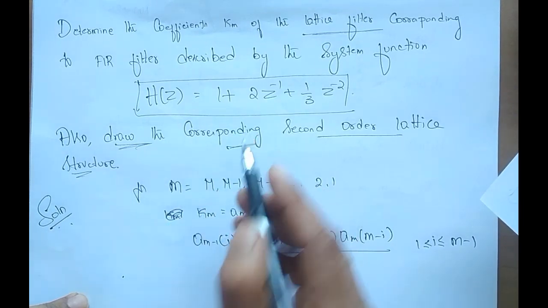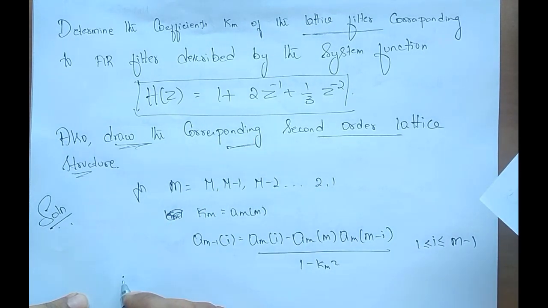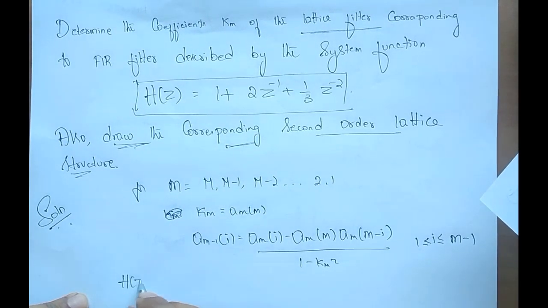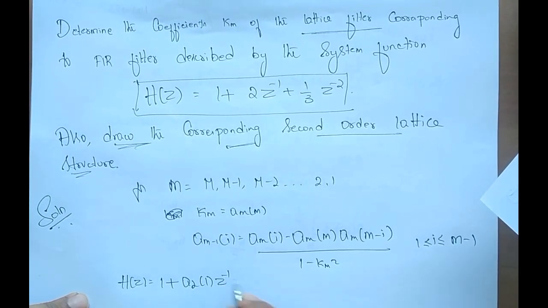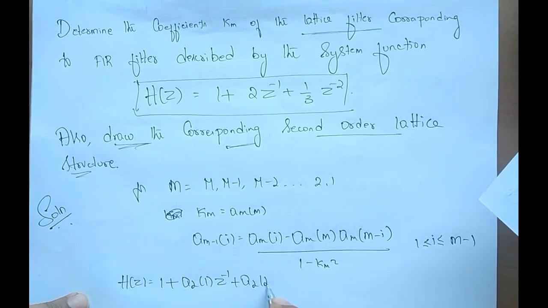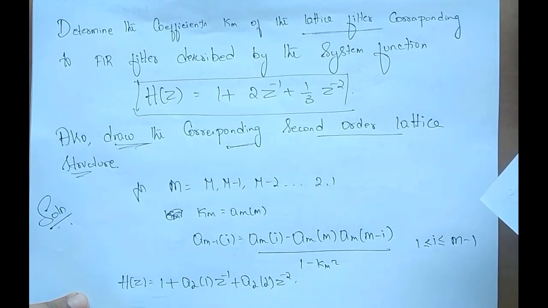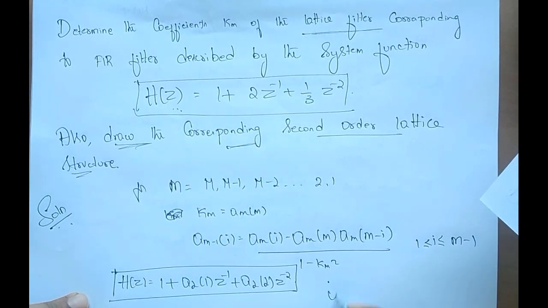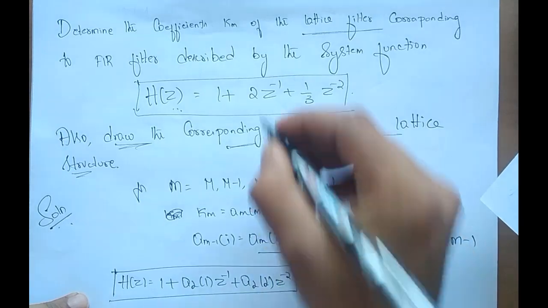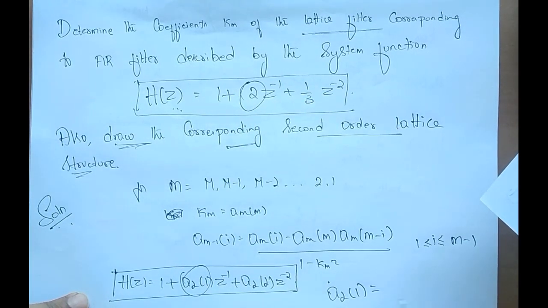Since this is a second order system, what is the general form of a second order system? H of z is equal to 1 plus a2 of 1 z power minus 1 plus a2 of 2 z power minus 2. This is the general form of a second order system, right? If I compare this general form with the given system, what is the a2 of 1 value we have? a2 of 1 value is 2, right?